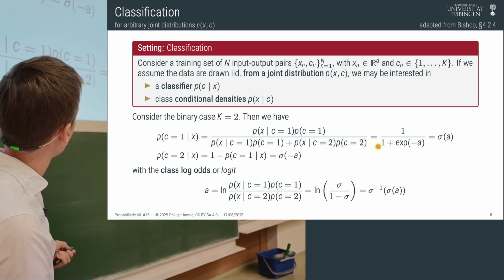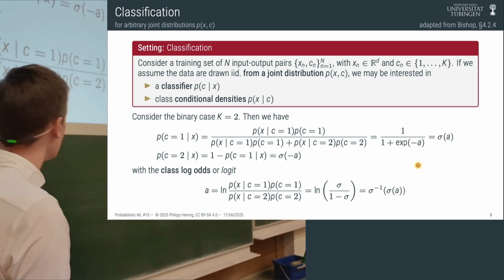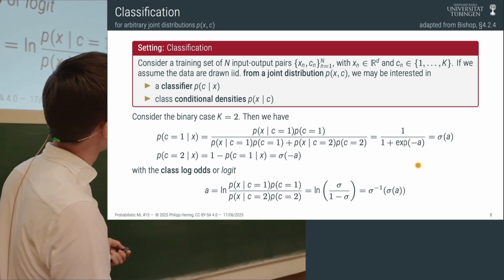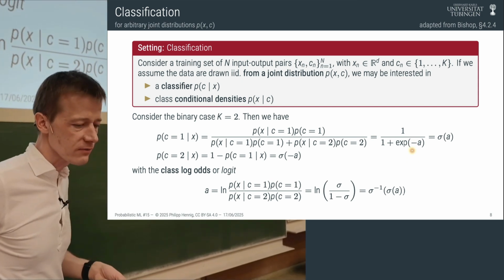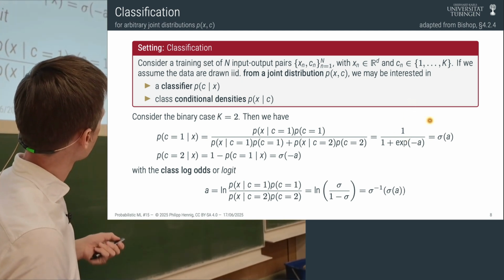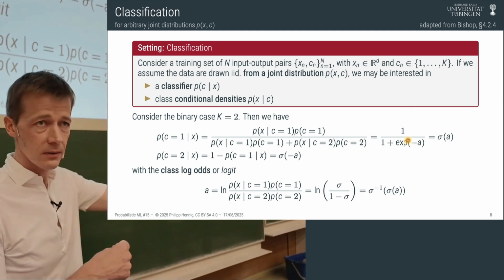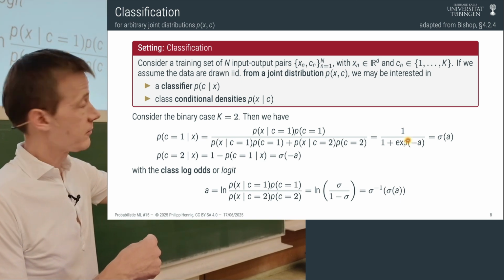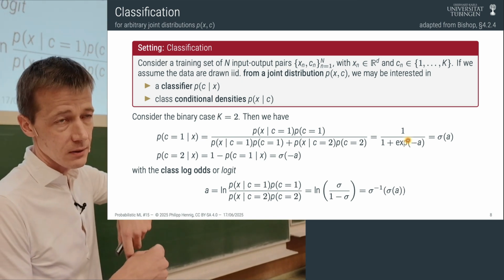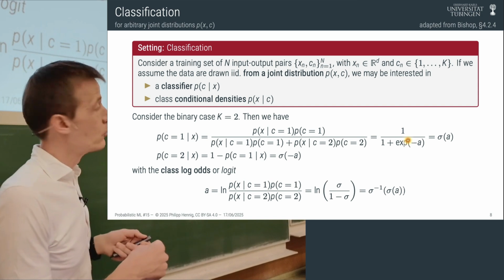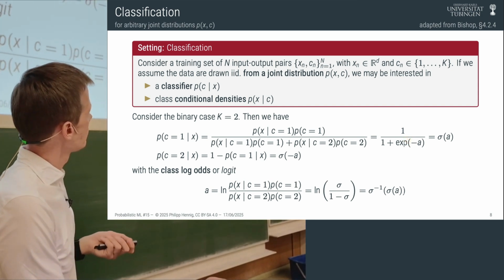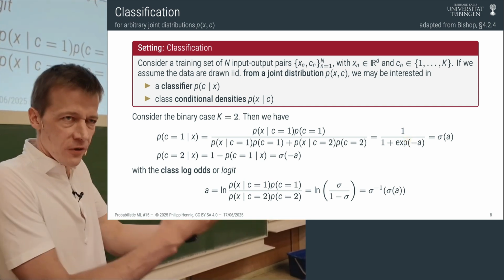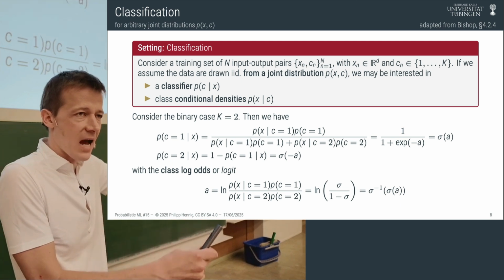What motivates the 1 or the minus sign? Well, so I think the main motivation for the minus is that, so if you think of this thing, right, so if a goes to infinity, you get 1. And if a goes to minus infinity, you get 0. So you want this a to be something associated with the first class when it has high value.